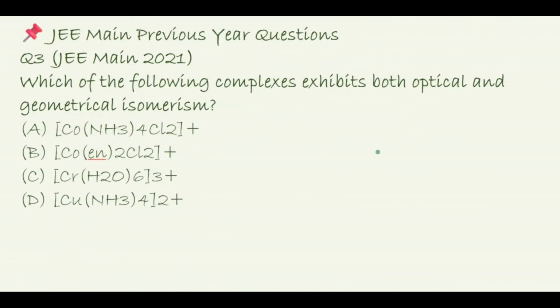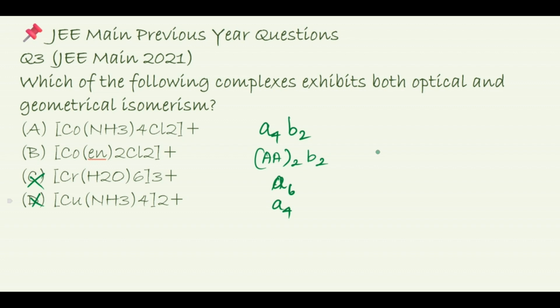This question was asked in JEE Main 2021: which of the following complexes exhibit both optical and geometrical isomerism? So let's see these compounds. The first one is MA4B2 type, the second one is M(AA)2B2 type, the third one is MA6 type, and the fourth one is MA4 type. Obviously C and D can't exhibit any isomerism, right? So what about A and B?